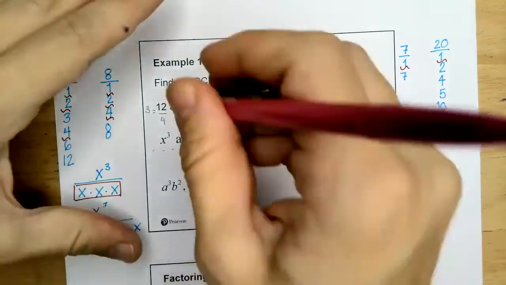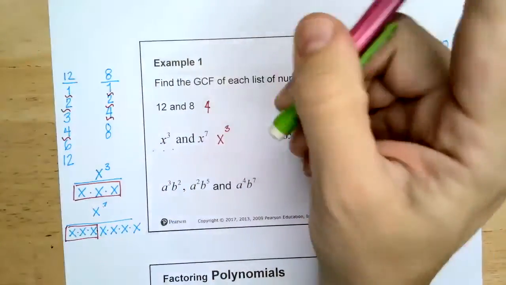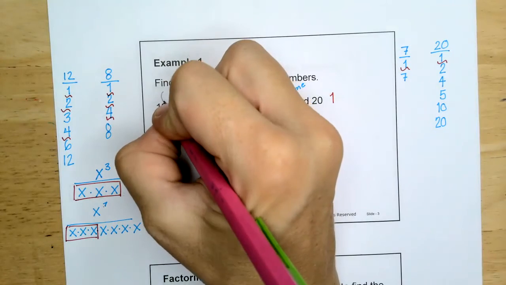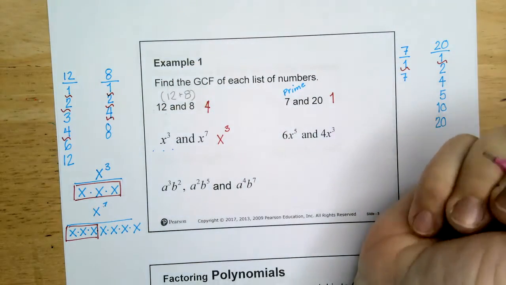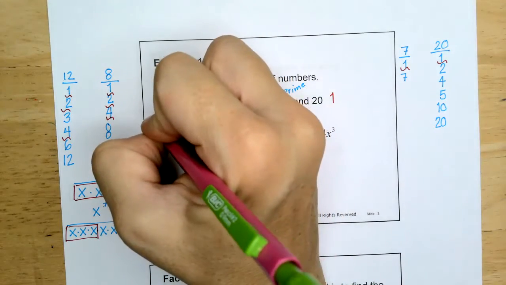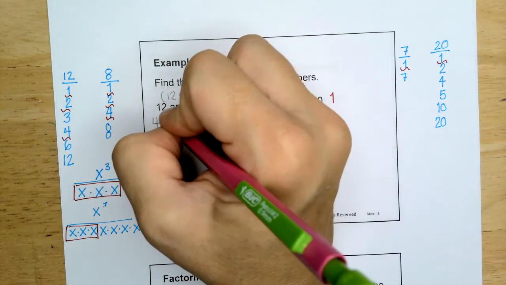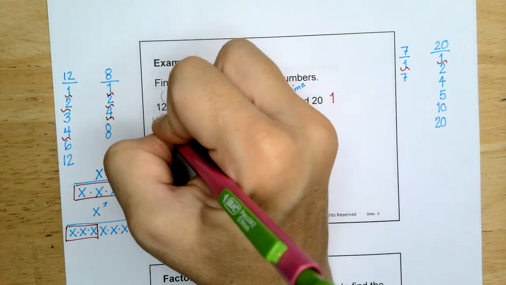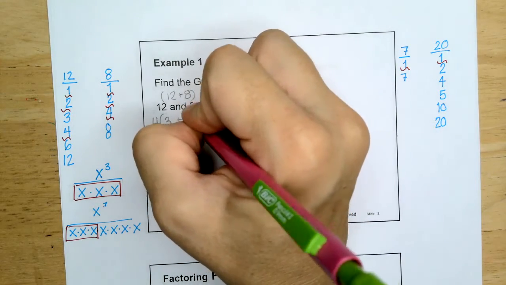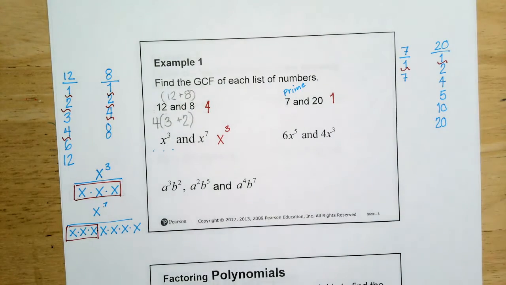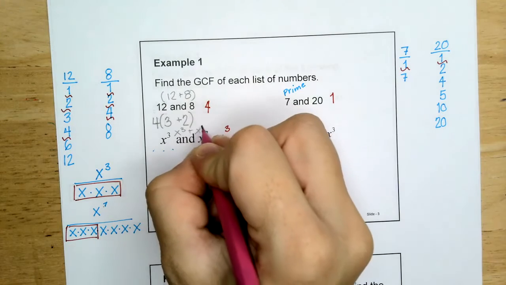And just like 12 and 8 will become 3 and 2, let's just pretend, okay? Let's pretend we're saying that this is 12 plus 8, and I want to simplify it by dividing by 4. So now I'm going to say it's 4, and instead of 12, 12 divided by 4 is 3. And then 8 divided by 4 is 2, okay? Here, we have x to the third and x to the seventh.